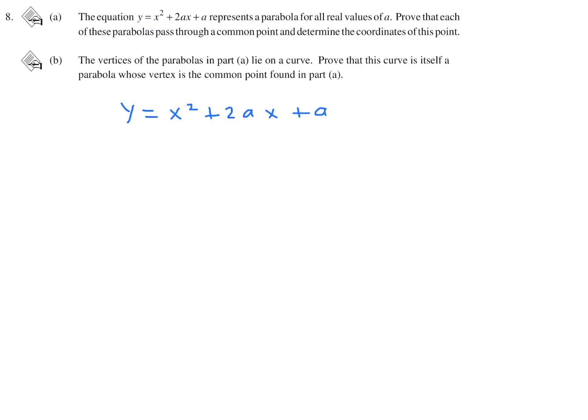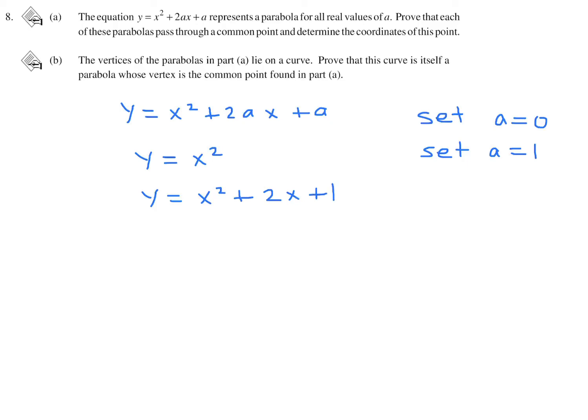So what we can do is set a to certain values and see what we get. Let's start by setting a to 0. If we do that, the equation just becomes y equals x squared. All right, that's simple enough. Now let's set a equal to 1. Then what do we get? y is equal to x squared plus 2x plus 1.